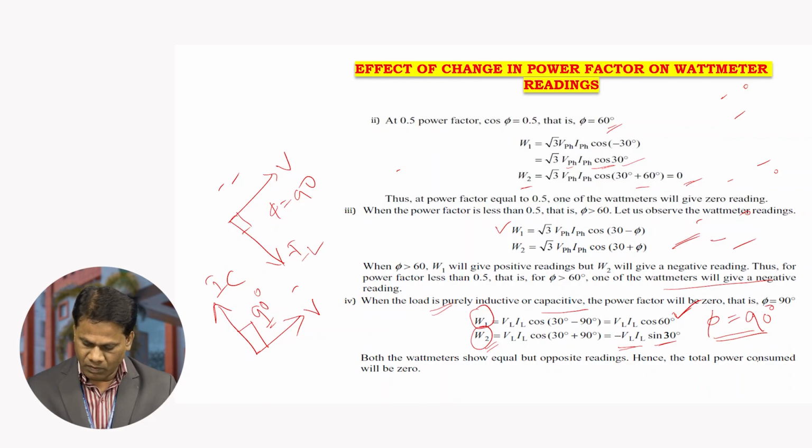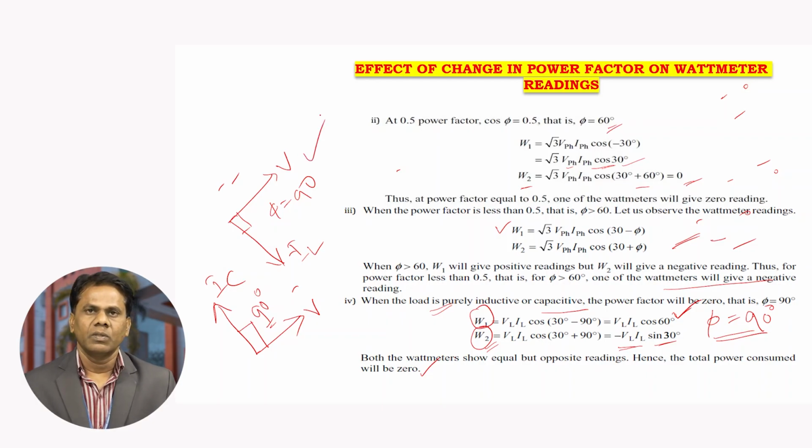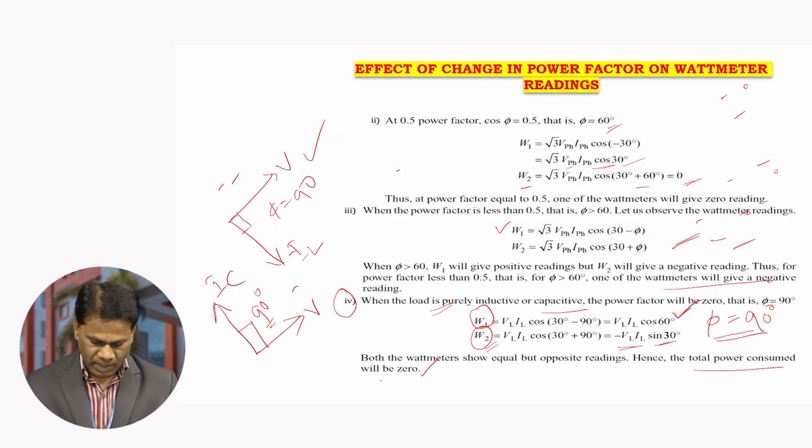Hence the total power consumed will be equal to 0. As we know, the power consumed by a pure inductive load is 0, whereas the power consumed by a pure capacitive load is also 0. So when we consider a load as purely inductive or capacitive, the total power consumed by the circuit or load is equal to 0.